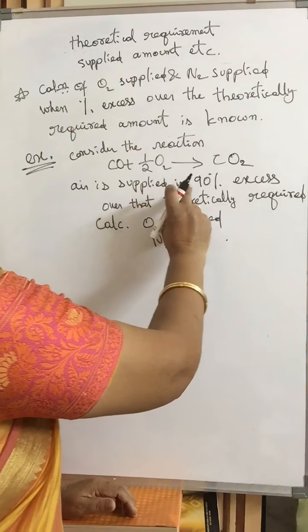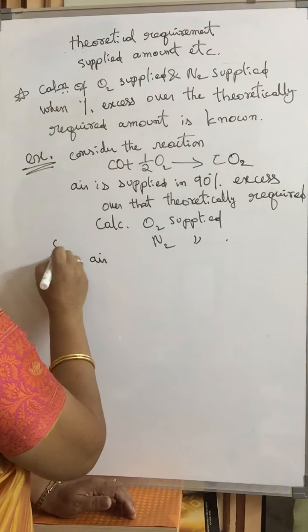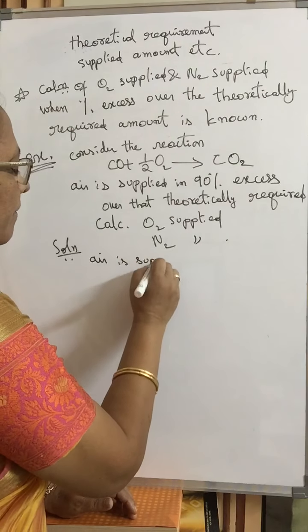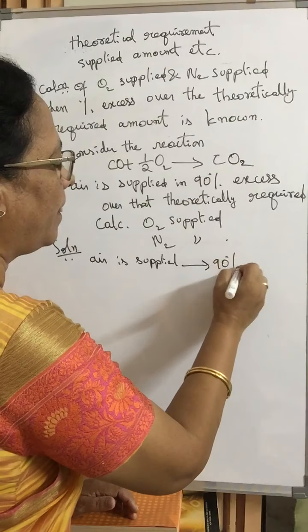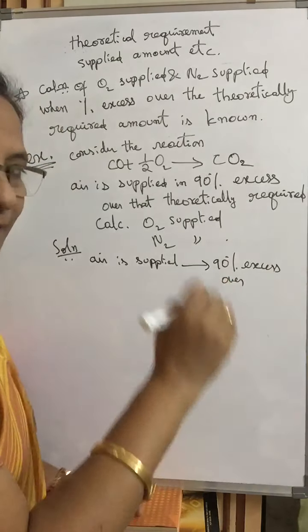So, it is given that air is supplied in 90% excess. 90% excess over what? That is important.